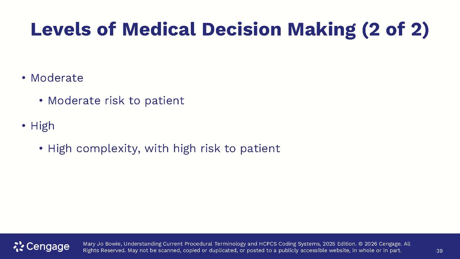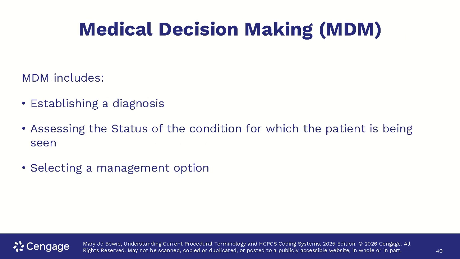We have moderate, which is a moderate risk to the patient. And then high complexity is a high risk to the patient. So, straightforward is your least sickest patient, high is the sicker patient. So, there's four levels of medical decision making: straightforward, low, moderate, and high.